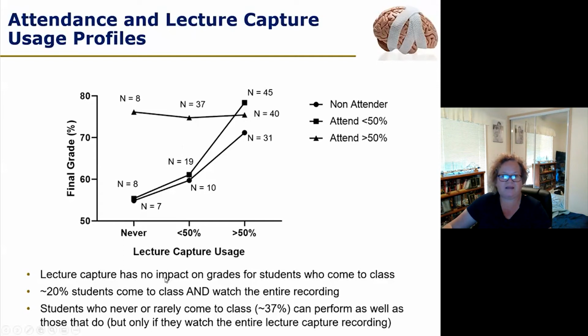And students who rarely, if ever, came to class, so these groups down the bottom here, which was about 37% of the cohort, could perform as well as those who did come to class, but only really if they watched the entire lecture capture recording. I haven't shown it here, but if you look at students who only watch bits and pieces of the lecture capture, then they don't reclaim their grades in anywhere close to the same extent.